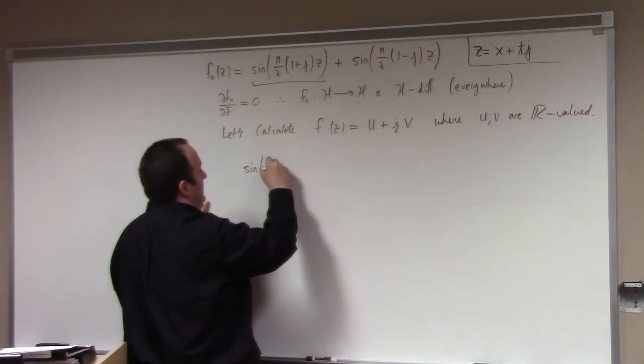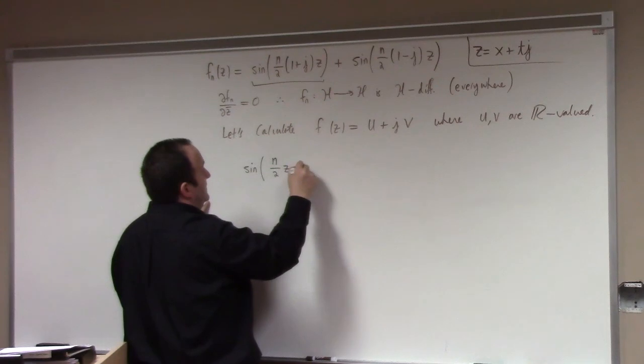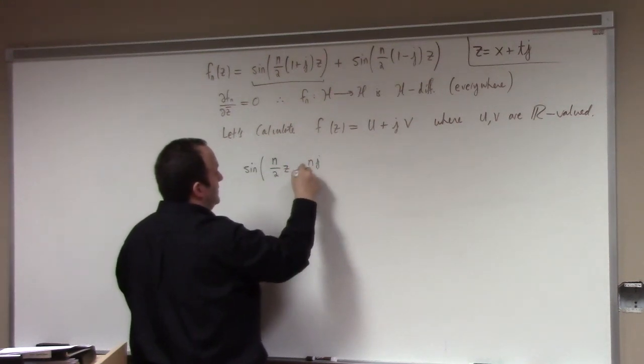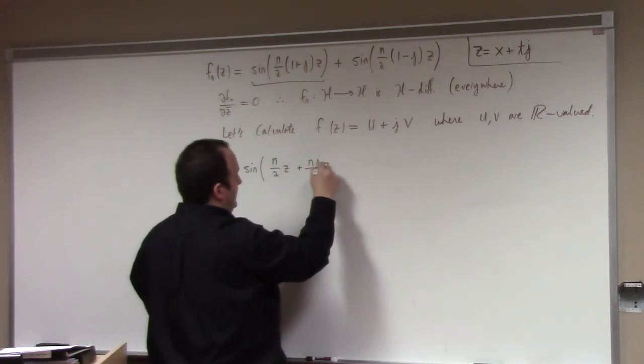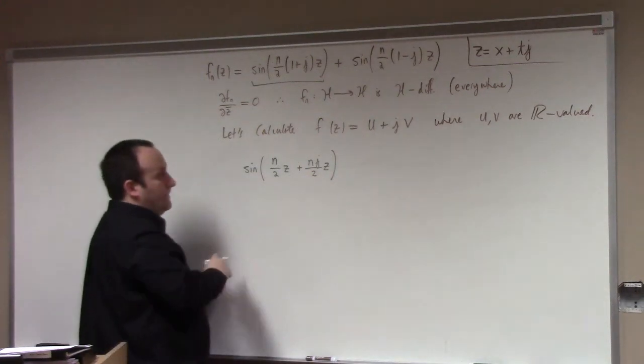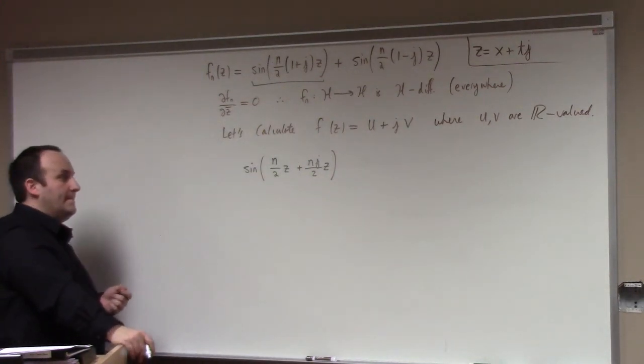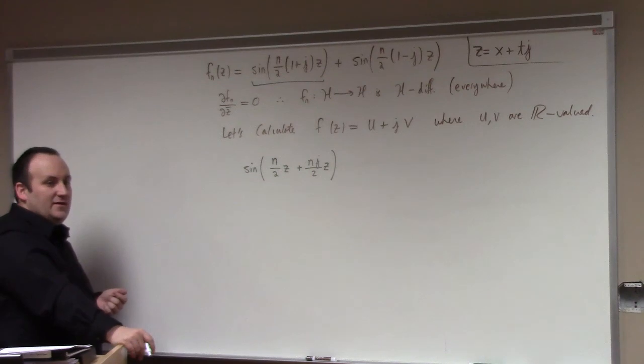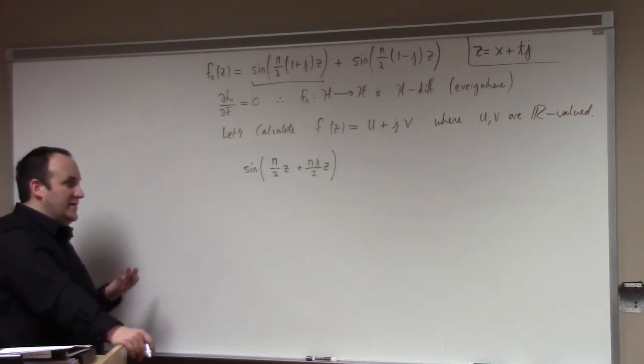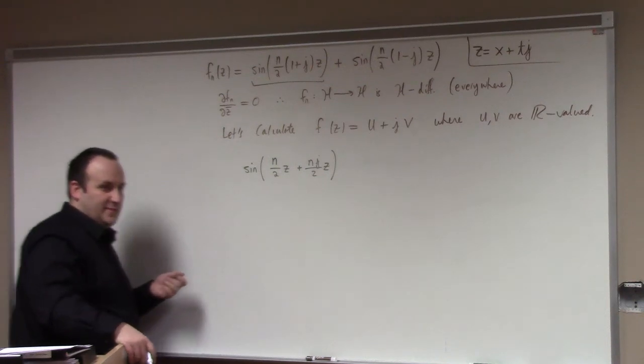That's really n over 2 z, plus nj over 2 z. But I don't even like that. I haven't done this way of the calculation yet. I'm not sure what the best is. You guys, what do you think? We can do this. Let's try it and see where it takes us. Give me a second.